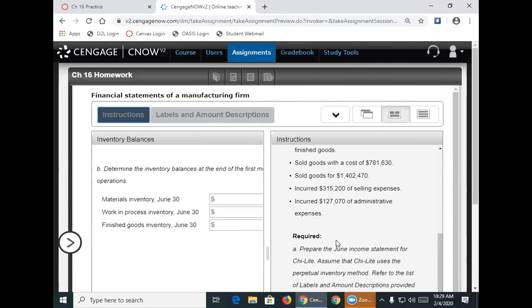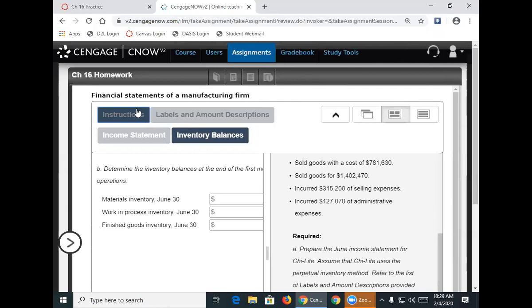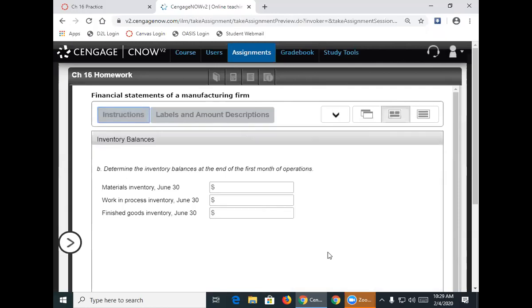That goes out of finished goods and into cost of goods sold. From there, I would just need to balance my T accounts. It's not too bad. You don't have beginning balances, which makes it a little bit better. I would just take my debit minus my credit to get my ending balance in materials.